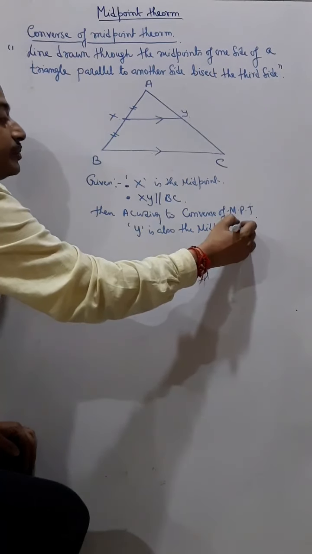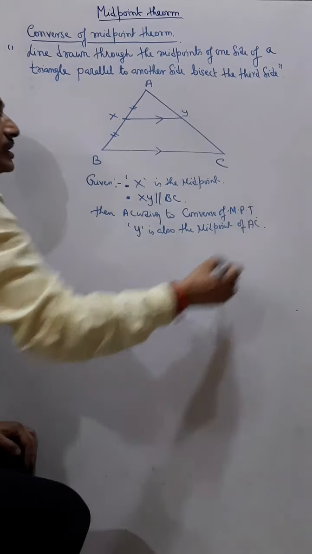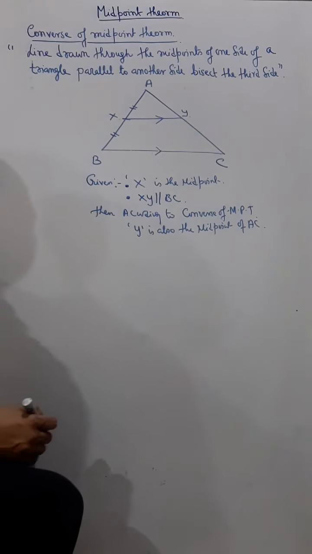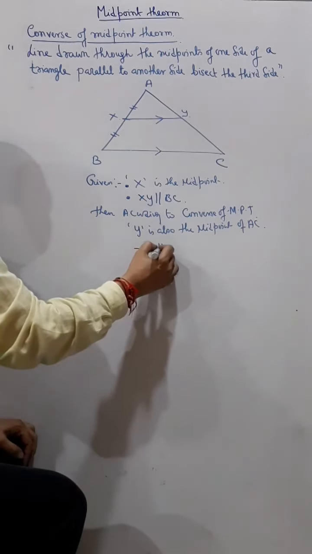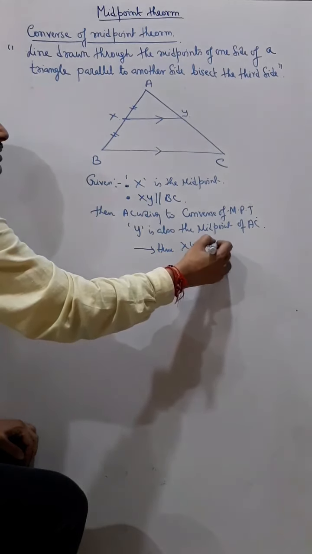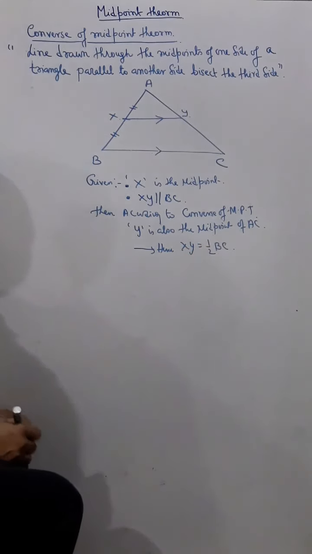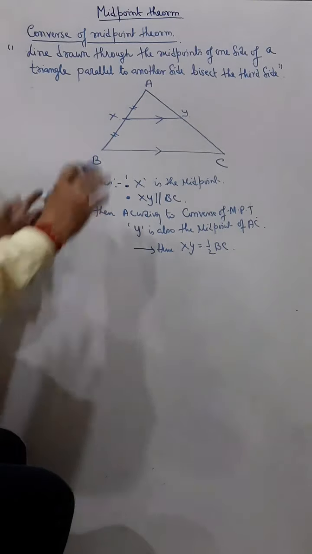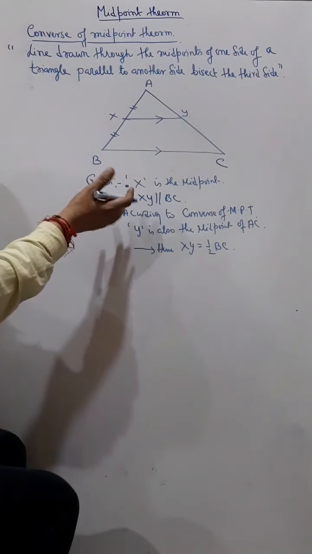Y is also the midpoint of AC. Understand? And then we can say hence in this case also that XY is half of BC. So understand? It is just the converse view of the midpoint theorem.